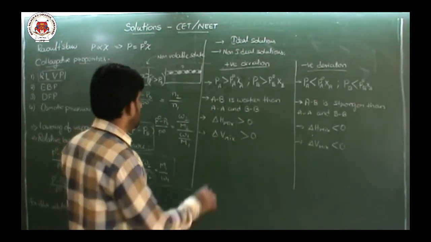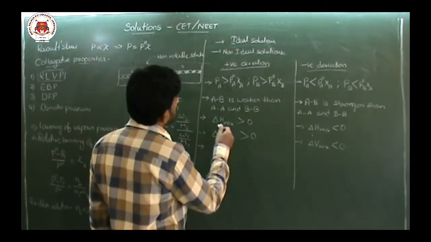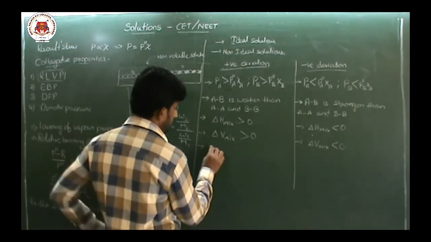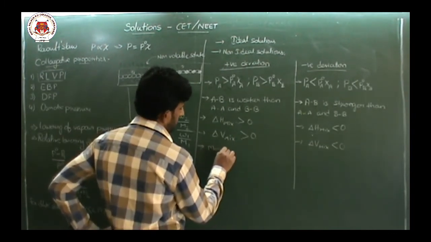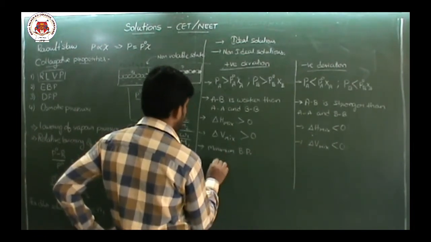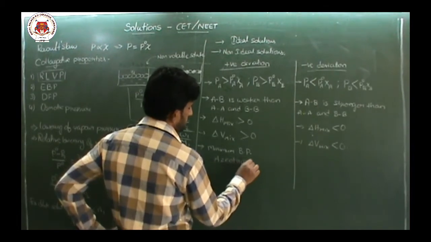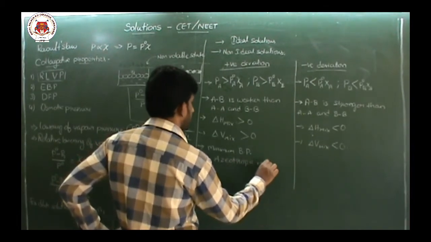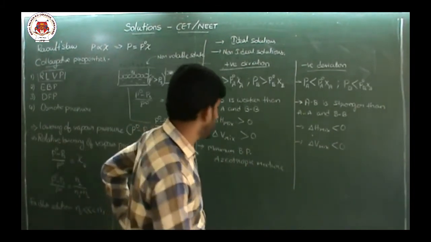Okay. And the solutions with positive deviation form minimum boiling point azeotropic mixtures, minimum boiling point azeotropes are formed.